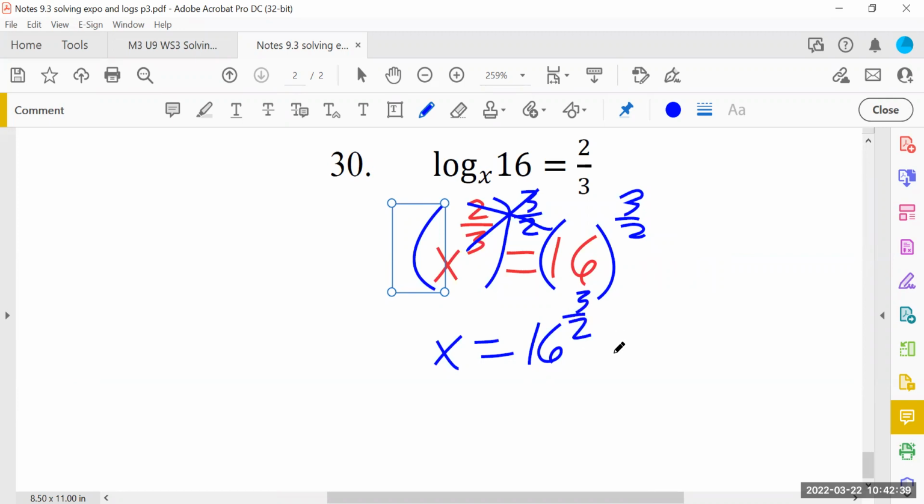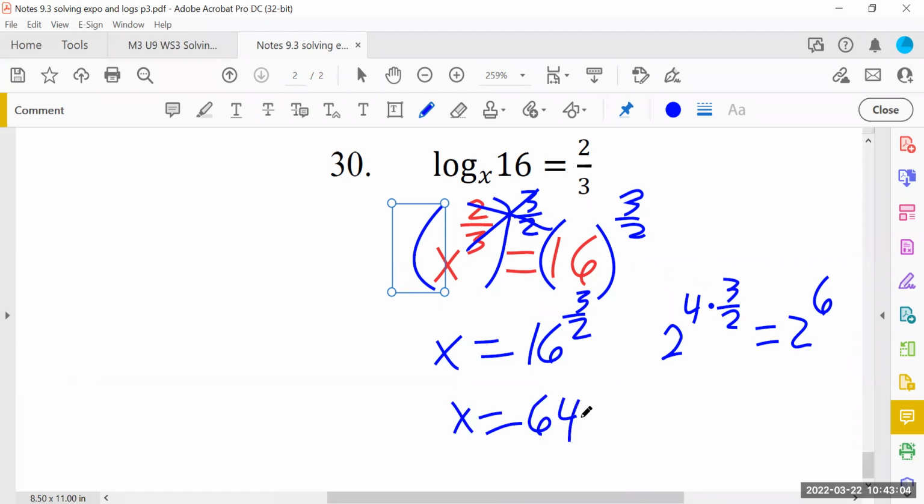And you have some options here. I could take the square root of 16 and raise that to the third power. I could write 16 as 2 to the fourth power and multiply that 4 by 3/2. That'd maybe be a pretty simple way of doing it. 4 divided by 2 would be 2, times 3 would be 6. 2 to the sixth power. X is equal to 64. 2, 4, 8, 16, 32, 64.